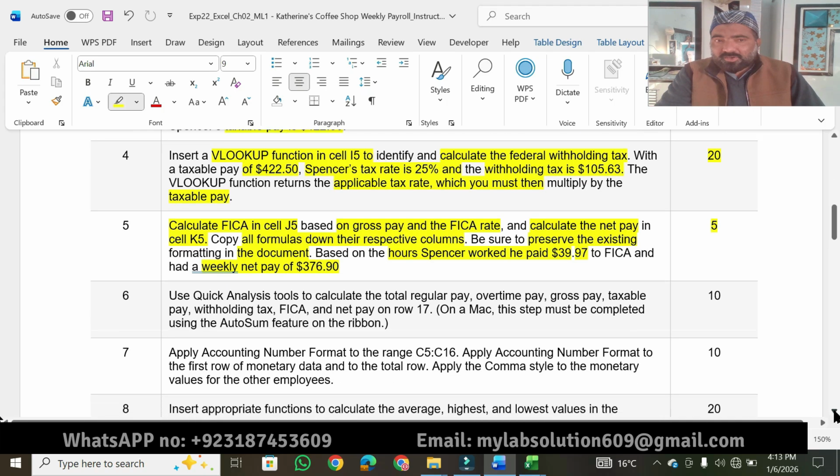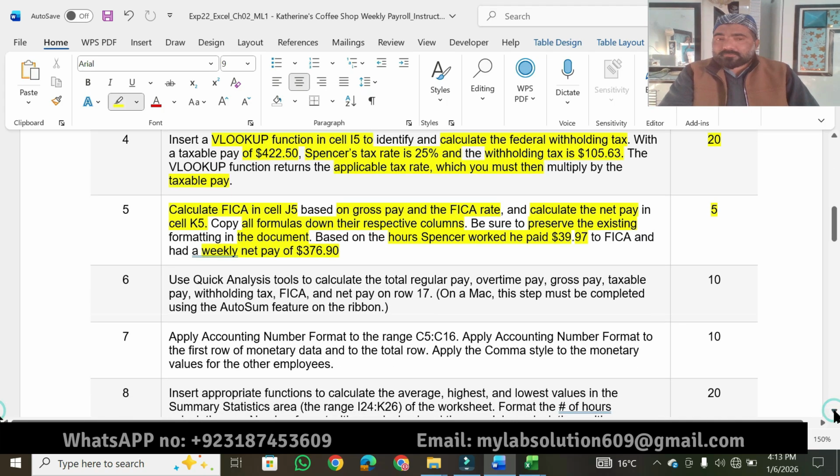After solving question number 3, we moved toward question number 4, where we have to insert the VLOOKUP function in cell I5 to identify and calculate federal withholding tax with a taxable pay of 422.50. The tax rate is 25%, and the withholding tax is 105.63.